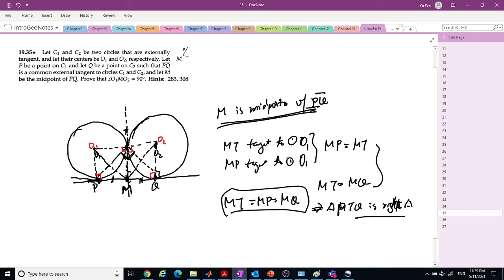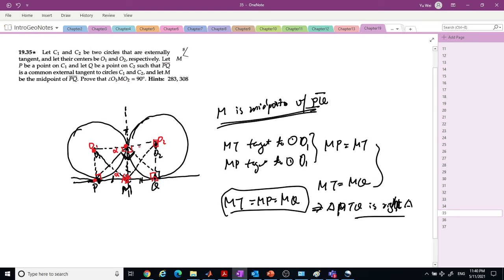So we know O1, P, M, T, let's highlight this, are concyclic because 90 plus 90 is 180, right? So we have this one is alpha and this one is alpha, and for the same reason we can see O2, Q, M, T is also concyclic, right?